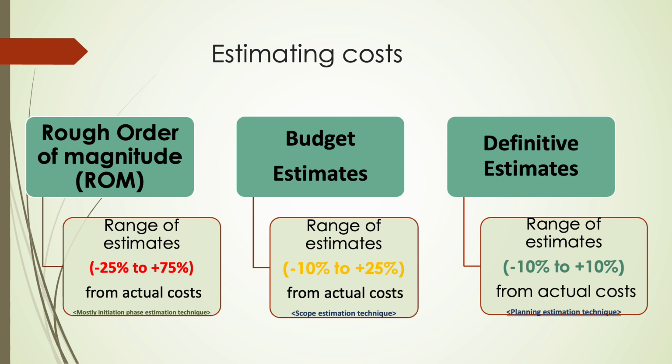They are more refined, with an expected accuracy of -10% to +25%. Finally, definitive estimates are the most precise. They are created when the project scope is very clear, and their accuracy range tightens to -10% to +10%. The level of detail and accuracy improves as the project progresses.